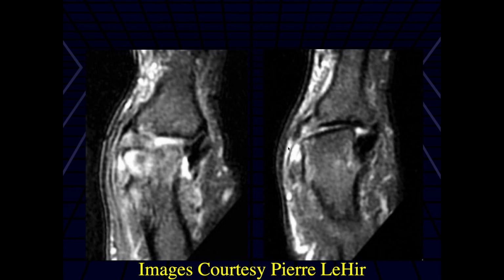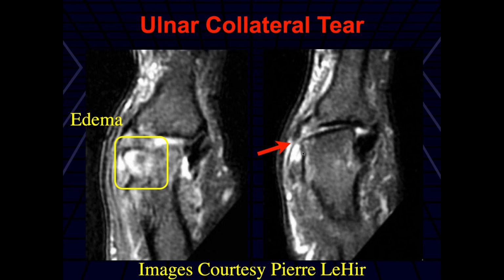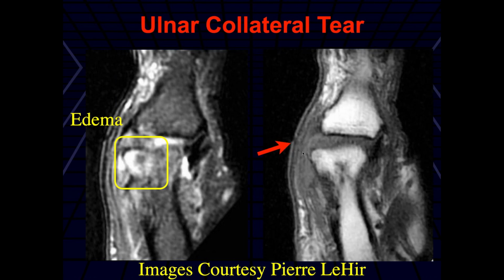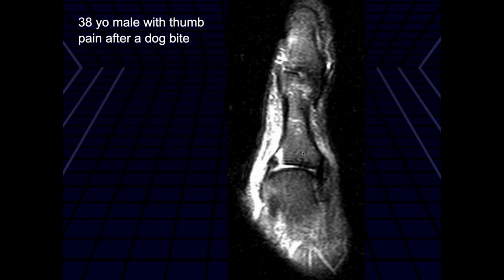It's not congruent. A big tear. That's a radial injury, isn't it, John? I think this one is still the ulnar side, John. I think I do have a radial one coming up though. But it's hard to say with just these images because we need all the other images to make sure what side we're on.